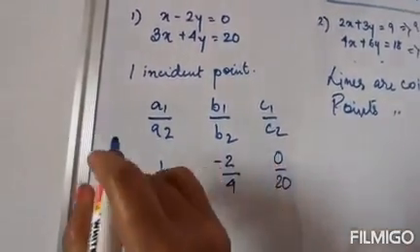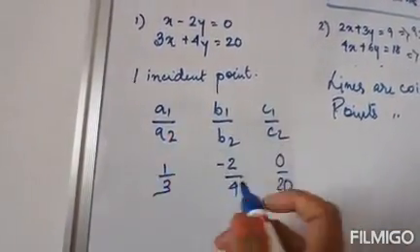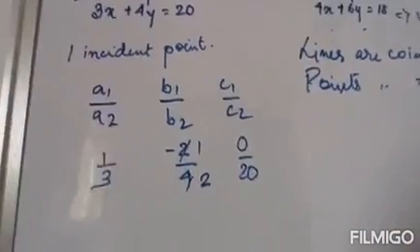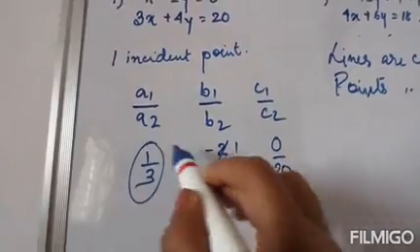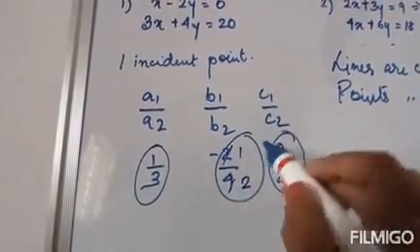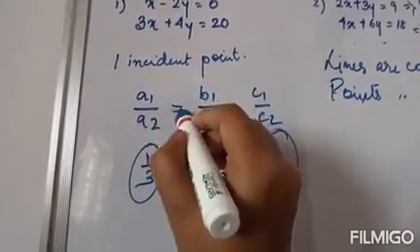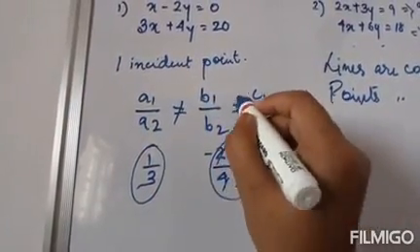Now you see, this one also, if we reduce to the lowest term, we get half. Okay, so this ratio and this ratio are not equal to each other. Correct? They are not equal.